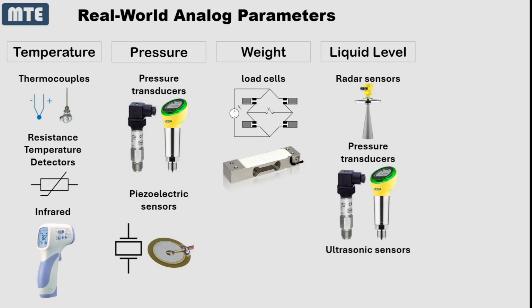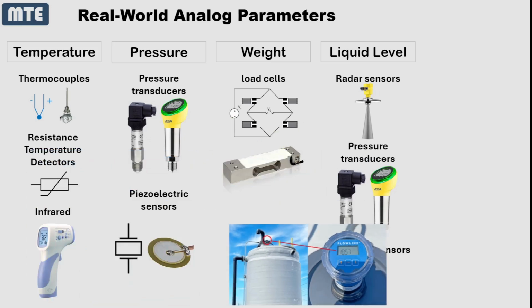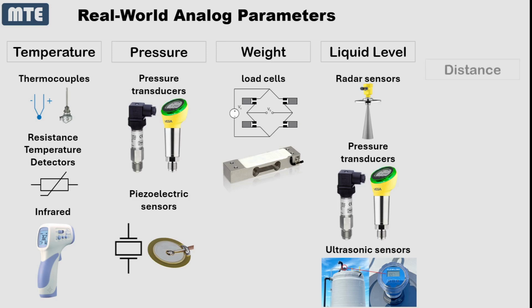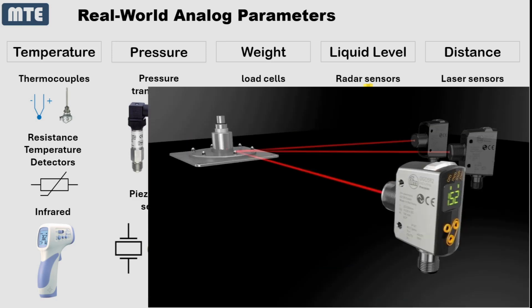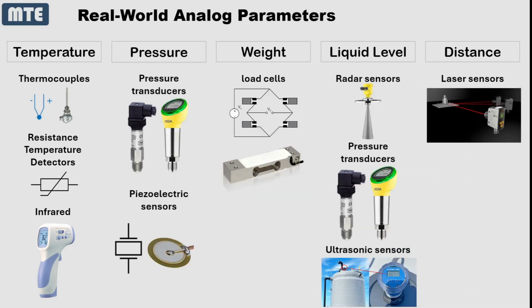Ultrasonic sensors use sound waves to detect the level. Length and distance are measured using sensors like laser distance sensors or ultrasonic sensors. Laser sensors use the time of flight of a laser beam to measure distances precisely. By understanding the right sensor and method for each application, we can optimize performance and reliability in industrial and home automation systems.